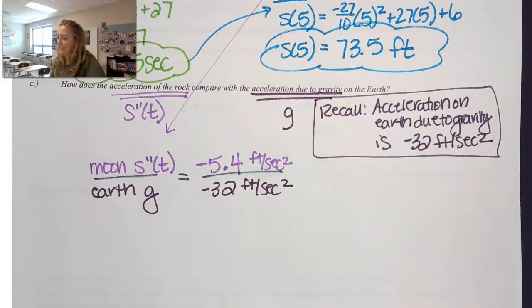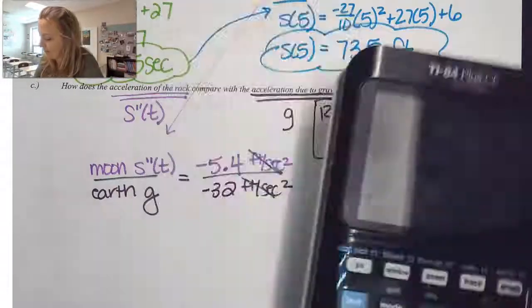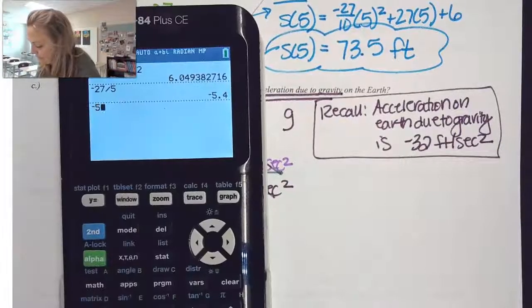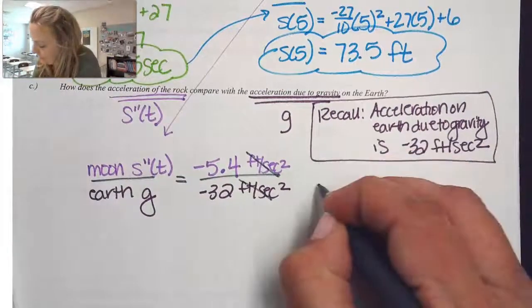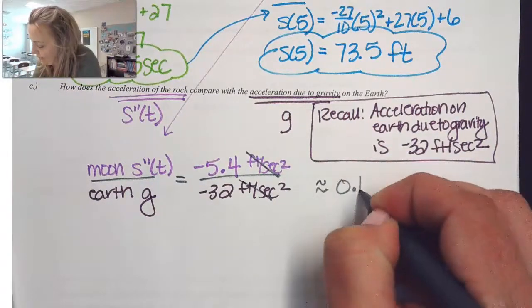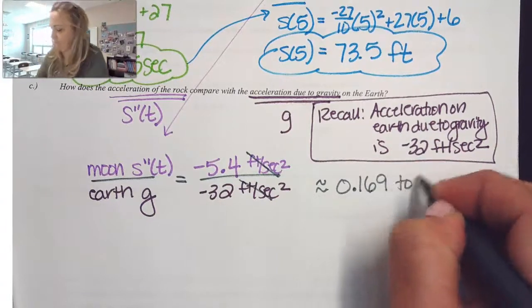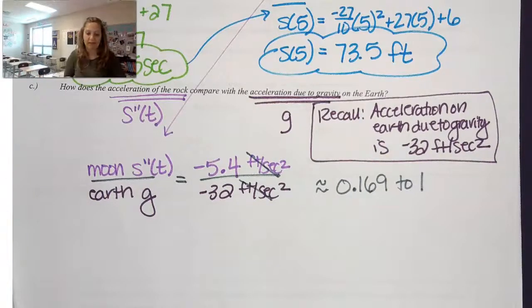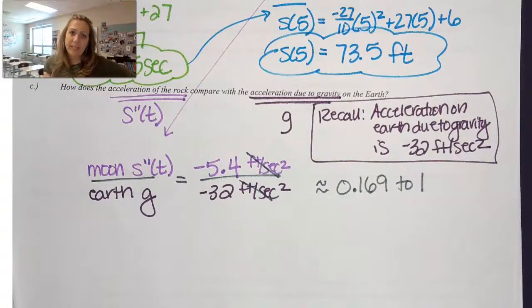And we can see that our units cancel out. And so let's divide that out. Negative 5.4 divided by negative 32. All right. So that's about 0.169 to 1. Okay. Or 0.169. You could write it a couple different ways. But that's how the acceleration of the rock compares with the acceleration due to gravity on the Earth.